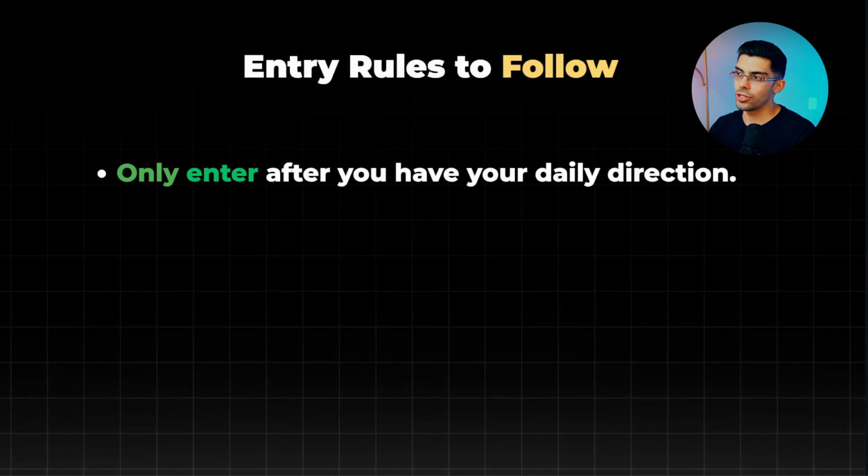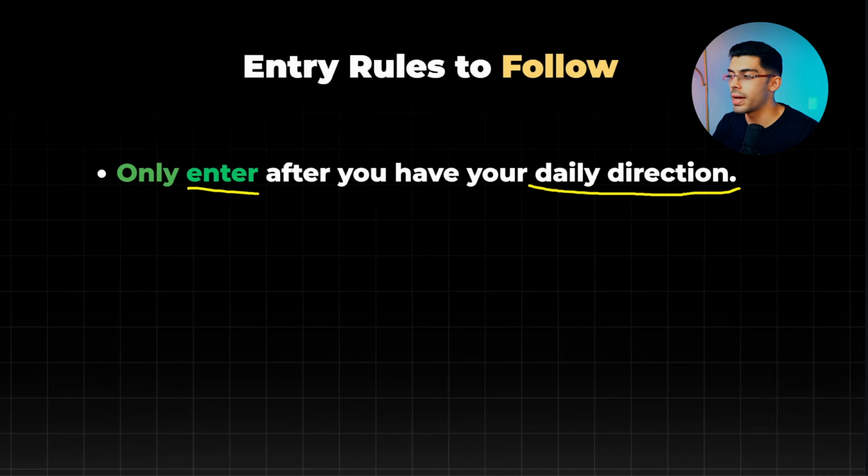So let's get into some of the entry rules that you should follow to maximize the profits with this strategy. First of all, you only want to enter in a trade after you have the daily direction. If you don't know where the market is going on the daily time frame, just don't enter that trade, because when you're in a trade that's like half and half, the daily doesn't show you a clear direction. The market can literally decide to go anywhere.